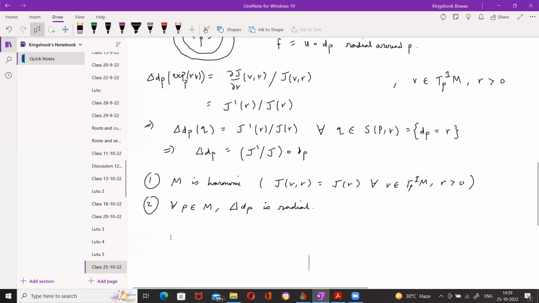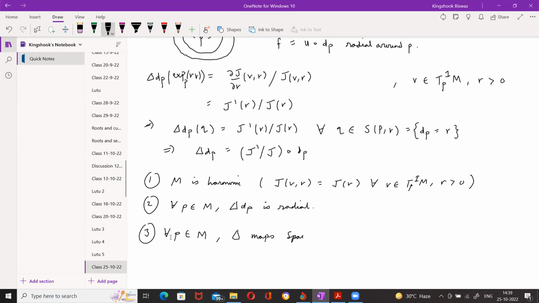And the third statement is that for all p in M, the Laplacian maps the space of radial functions around p to itself.